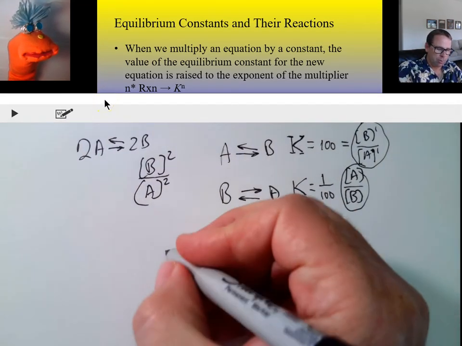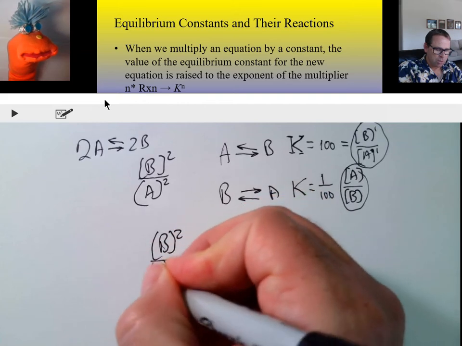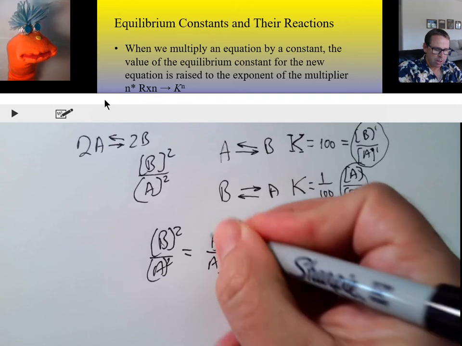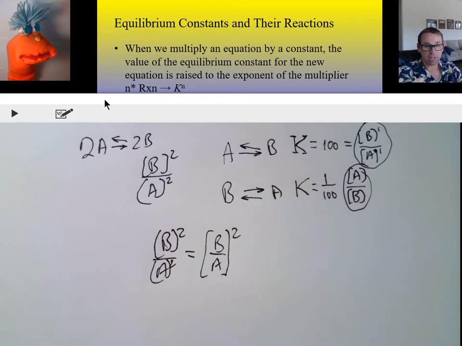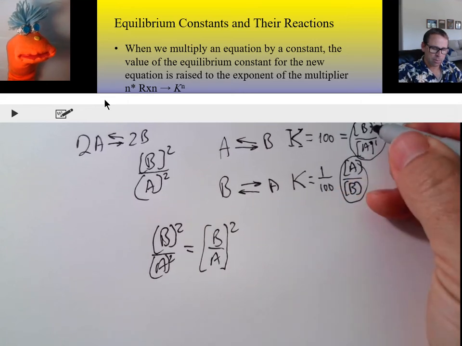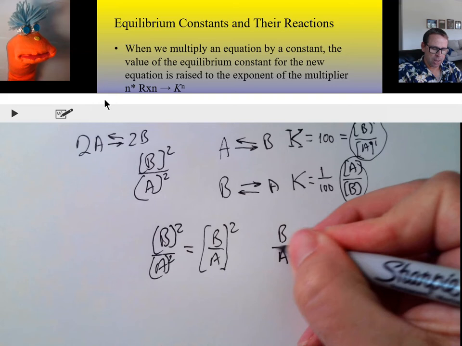If you have B squared over A squared, that's equal to B over A, squared. And if you don't believe me, you can put some numbers in there and go home and try it. It'll be a lot of fun. And therefore, B to the 1 over A to the 1 is equal to B over A.